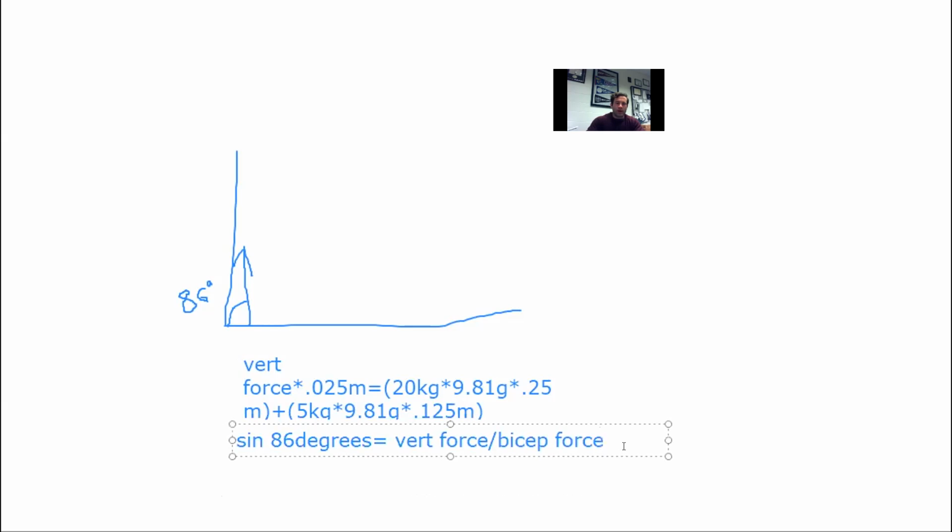And so once we factor that, we're then going to have our bicep force equals our vert force divided by the sine of 86 degrees. All right, so that takes care of Luke.